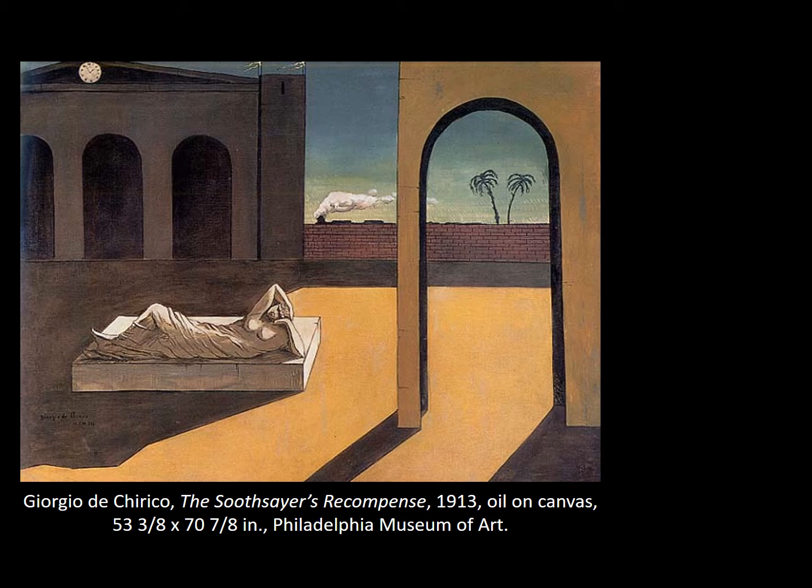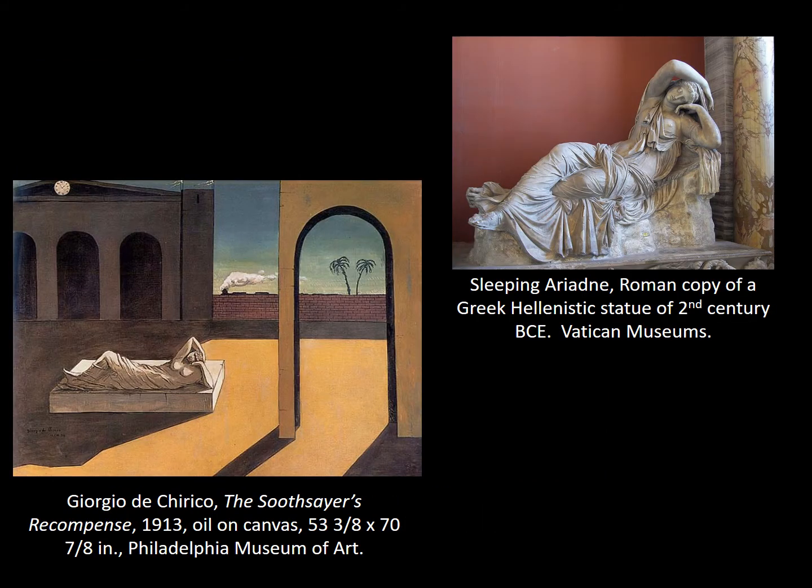So she's a reference to classical myth, but she also is a very real statue, which you can see here. There are several versions of this statue, but here you can see a later Roman copy of the sleeping Ariadne. So he's basing this on a real classical element. So like we say, de Chirico embraces his connection to the past.